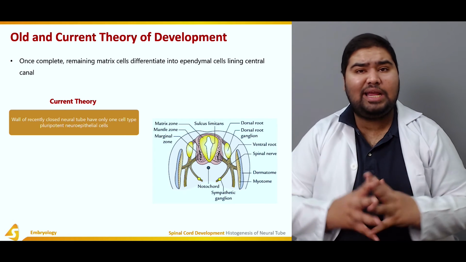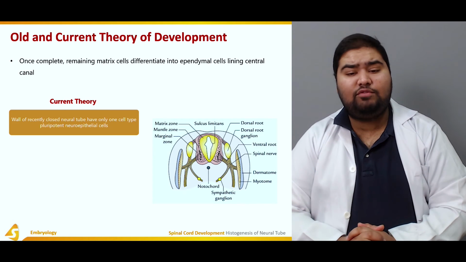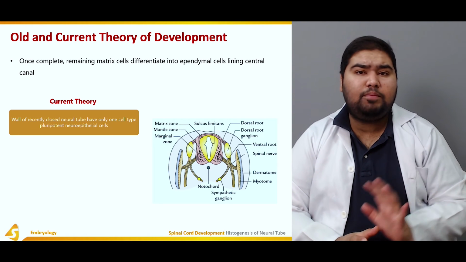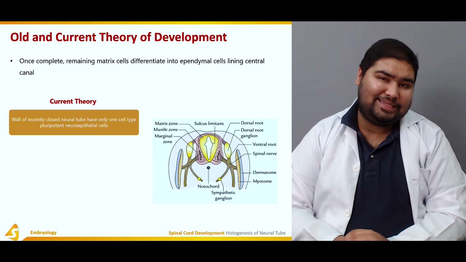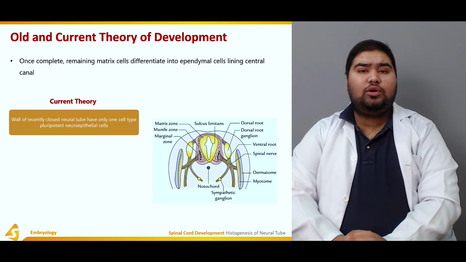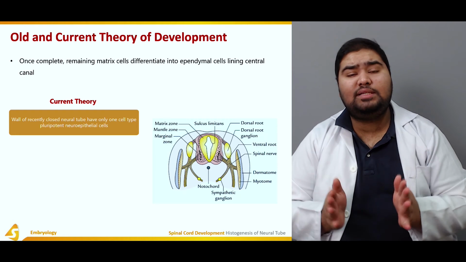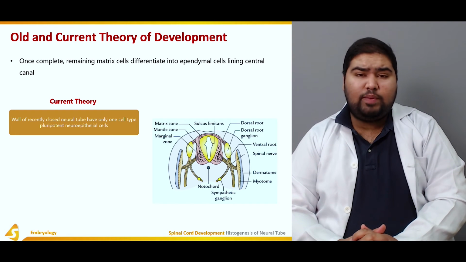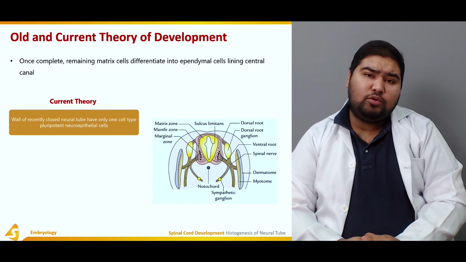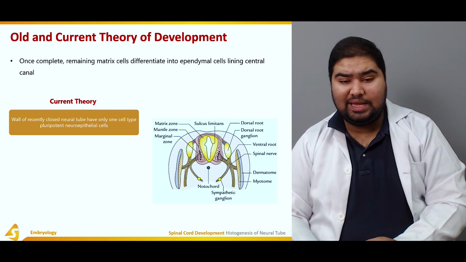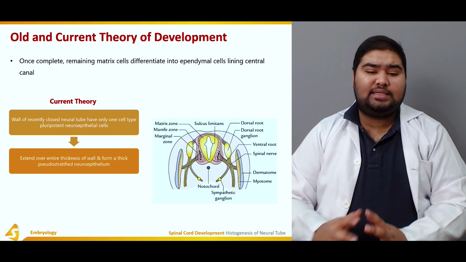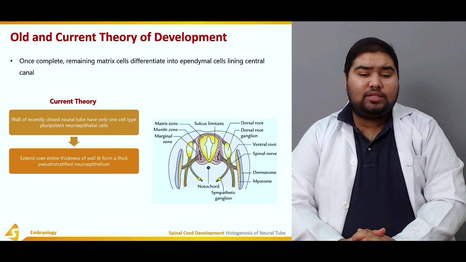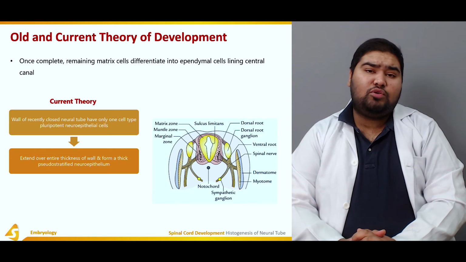The wall of the recently closed neural tube has only one type of cell, the pluripotent neuroepithelial cells. So this is the current theory, that the wall of the newly closed neural tube has only one type of pluripotent neuroepithelial cells. They extend over the entire thickness of the wall and form a thick pseudostratified neuroepithelium.